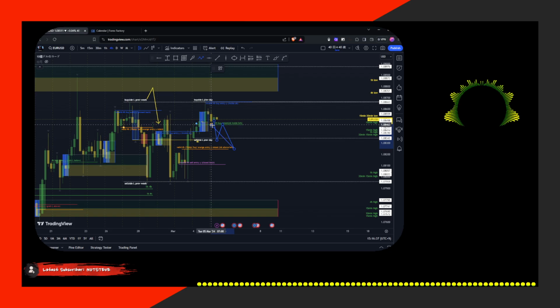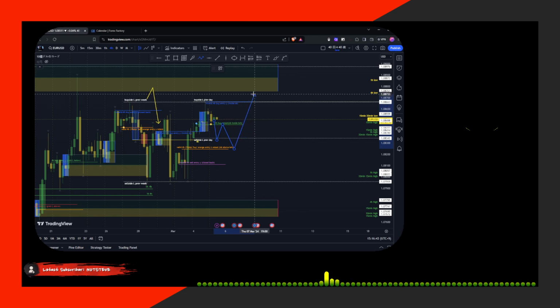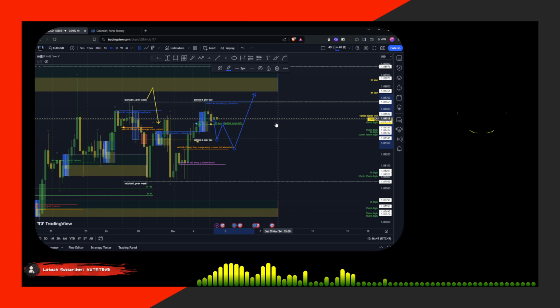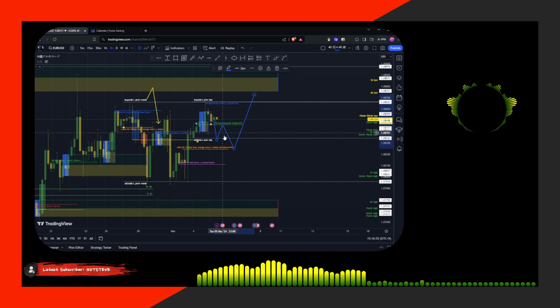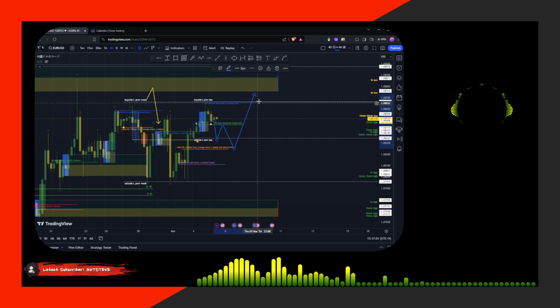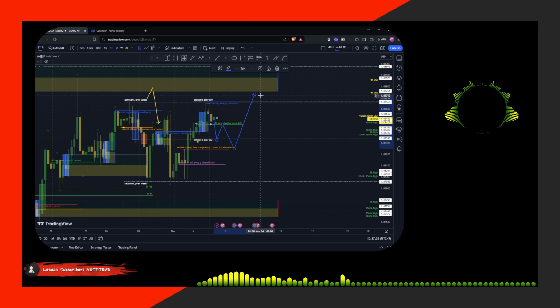This one is an invalid sell, this one is an invalid buy. If that happens, we have a tap on sell liquidity, then the grab of the sell side liquidity, then continue pushing.